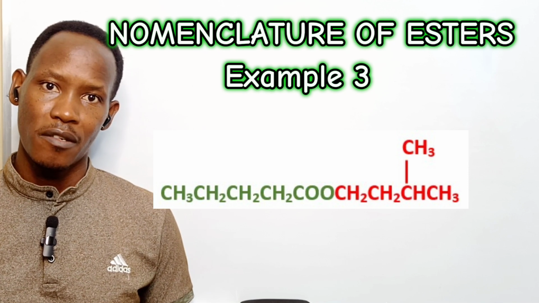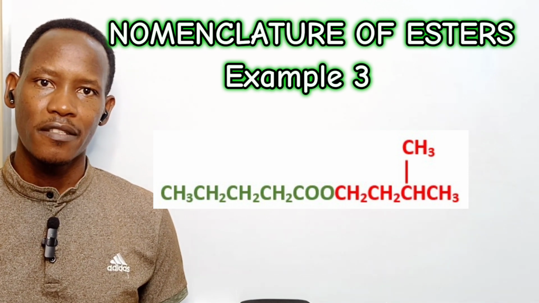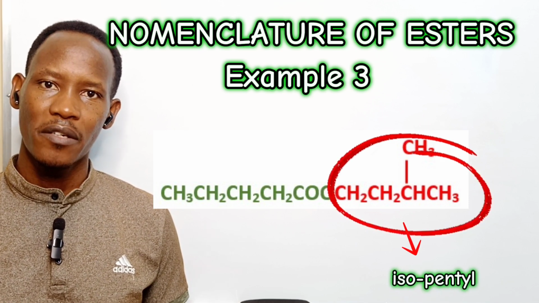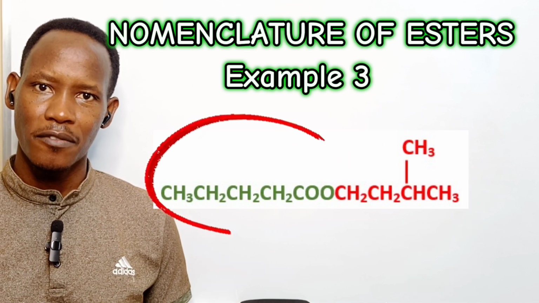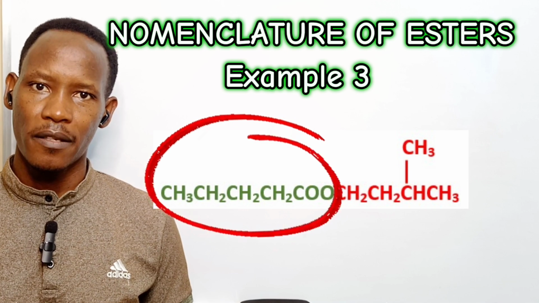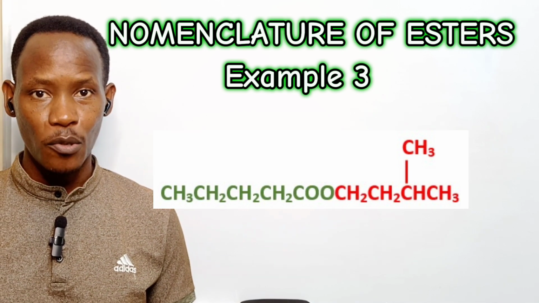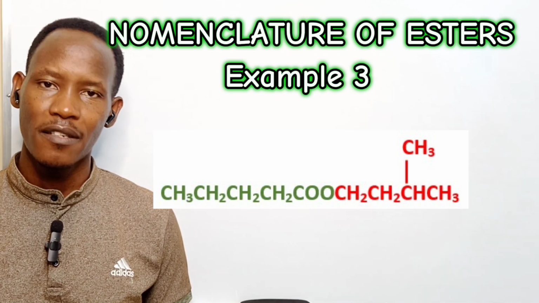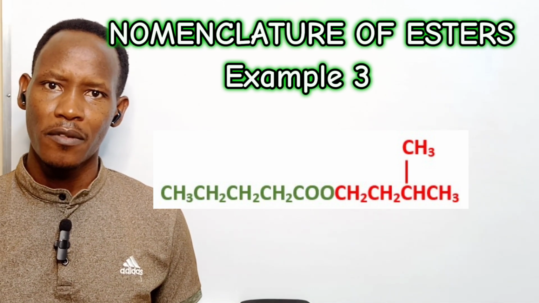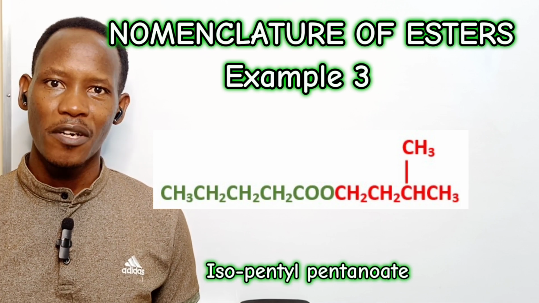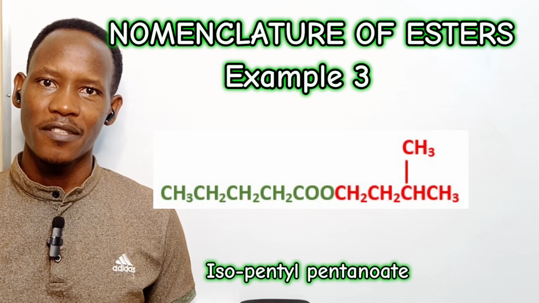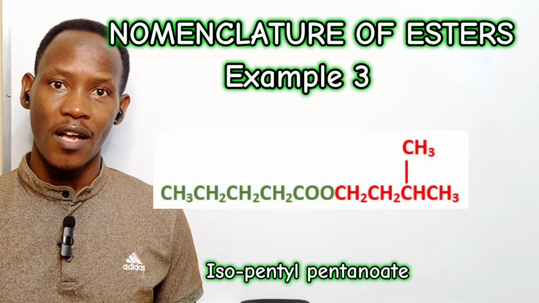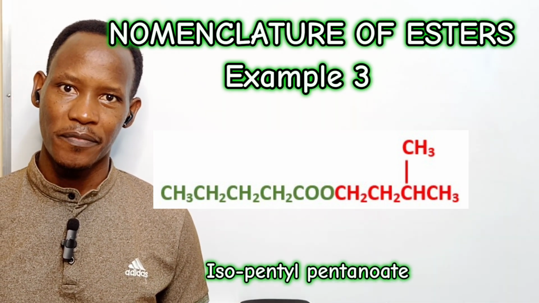Now, if you still remember, the part in red, we named it as isopentyl, while the alkanoate part in green is pentanoate, and therefore by combining the two names, the name of that ester displayed is isopentyl pentanoate. For your information, isopentyl pentanoate is used industrially for the synthesis of apple flavor.